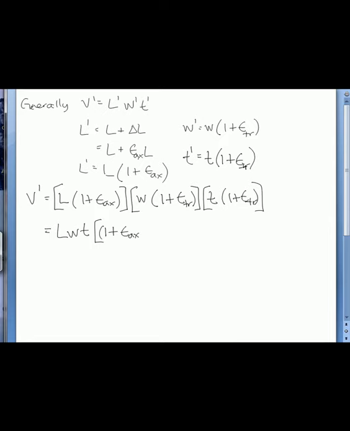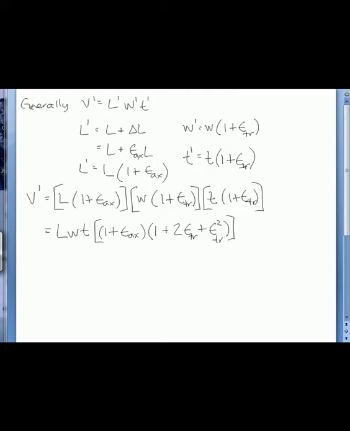So then that leaves us with 1 plus the axial strain and 1 plus the transverse strain squared, which is 1 plus 2 times the transverse strain plus transverse strain squared.